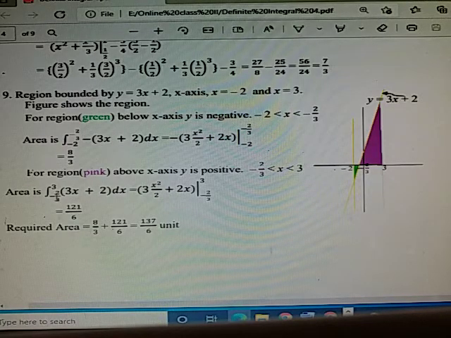And from minus 2 by 3 to 3, this is the positive value. For the positive value, our value is 121 by 6, and for the negative value, our value is 8 by 3. We add them and we get this result.